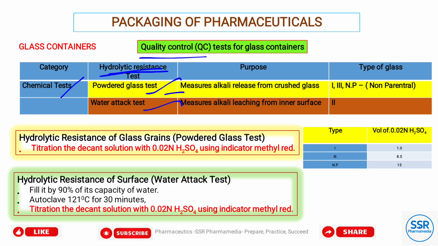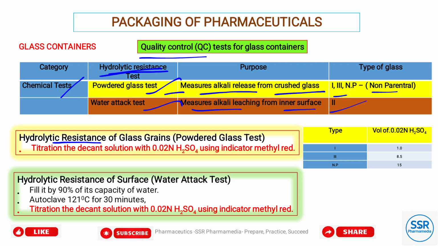The powdered glass test measures the alkali released from crushed glass. The water attack test measures alkali leaching from the inner surface. The powdered glass test is done for type 1 and type 3 glass for non-parenterals. The water attack test is done for type 2 glass.